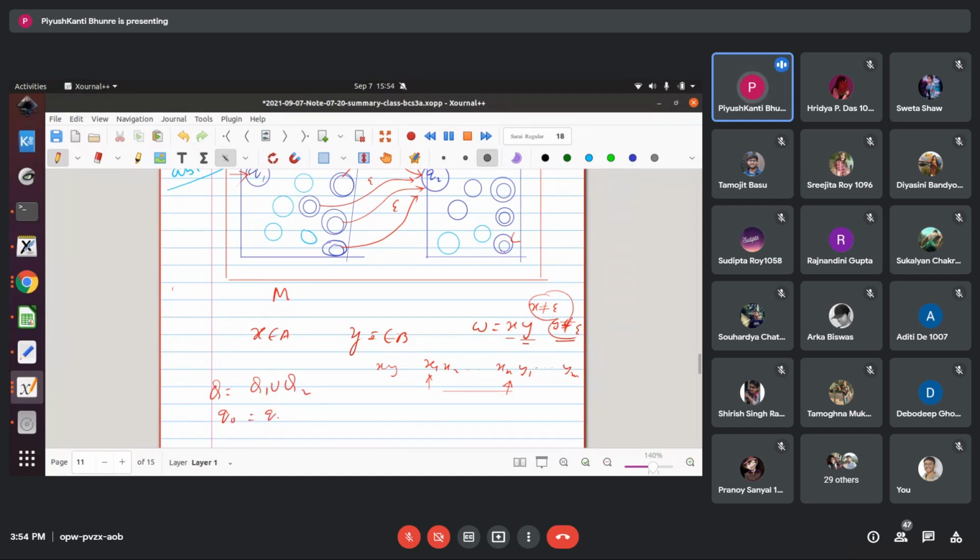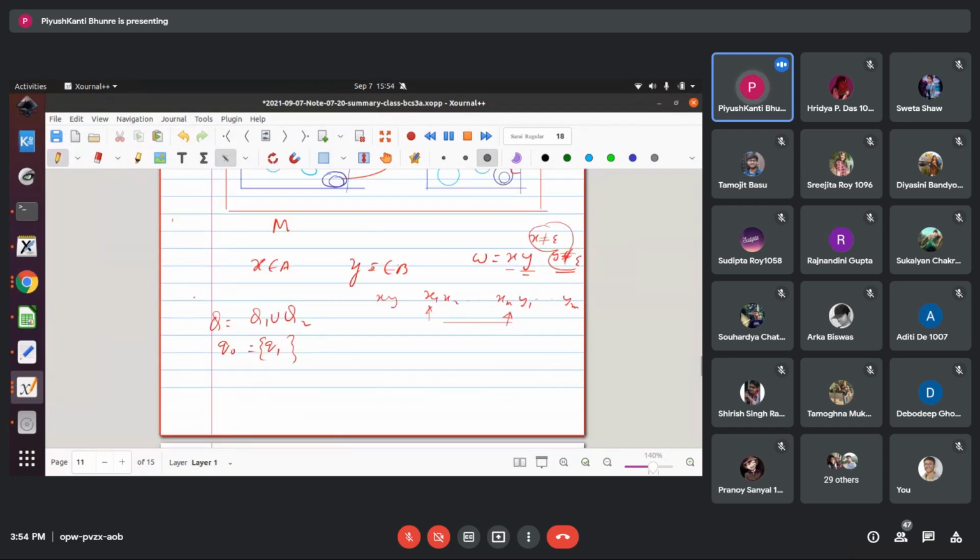Q0 is Q1. Say F is basically our F1 union F2 if epsilon belongs to B, right, we have to keep F1.